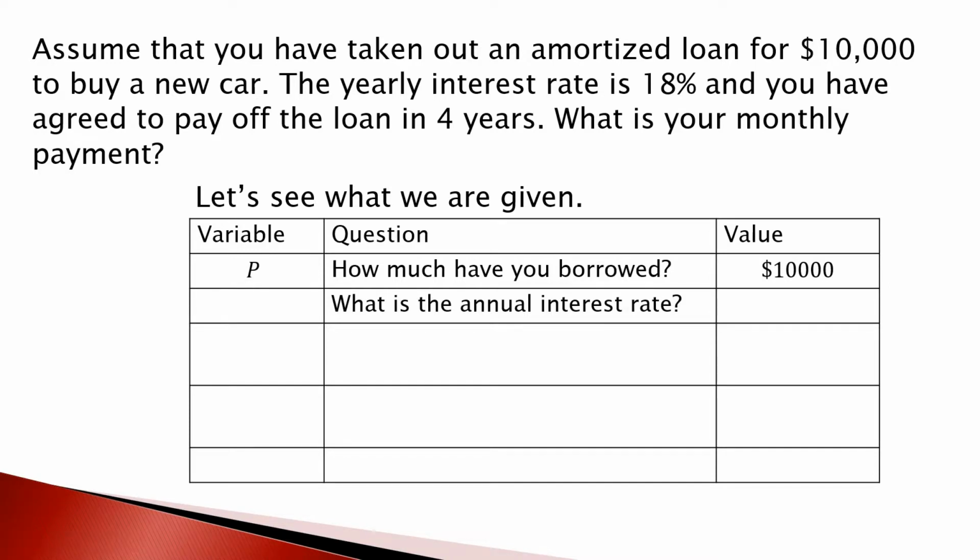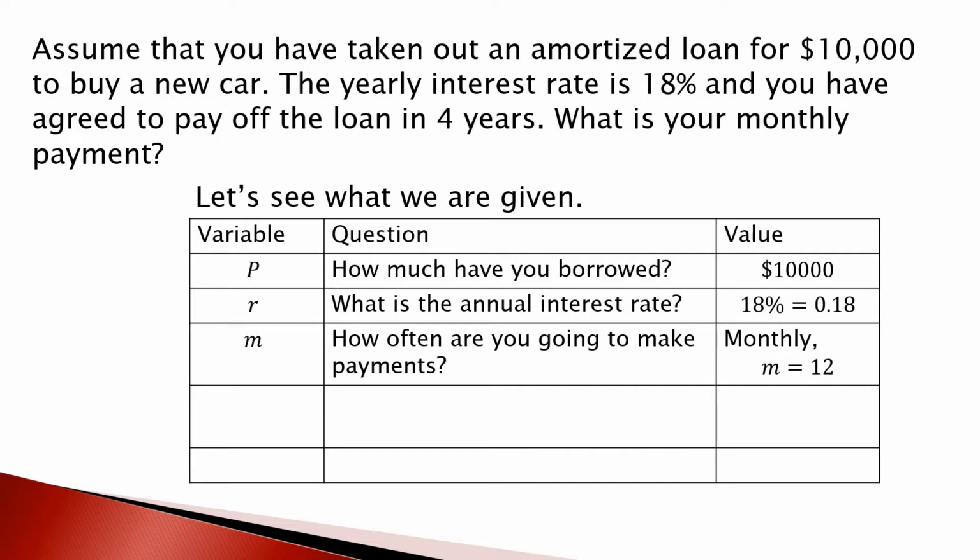What is the annual interest rate? Little r. The problem says the interest rate is 18%, and let's convert it to the decimal 0.18. How often are you going to make payments? We will denote this information by little m. We're going to make monthly payments, and since there are 12 months in a year, m is going to be 12.